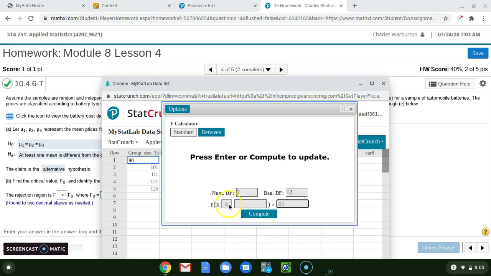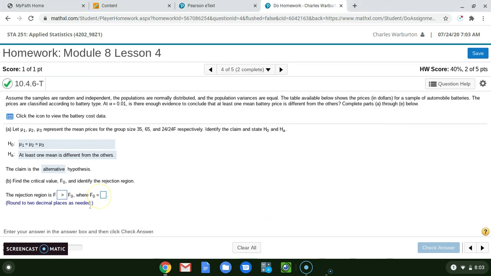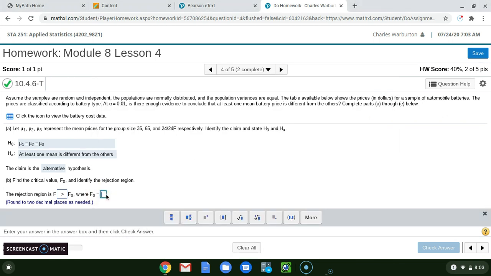I had to switch this to a greater than symbol to be sure that's 1% out on the tail to the right. That gives me my critical value, 6.93. Okay, that's the critical value.